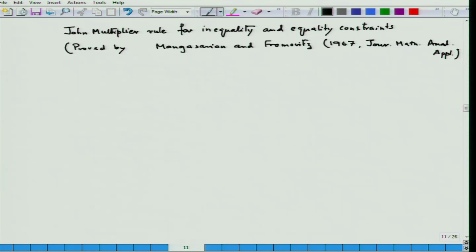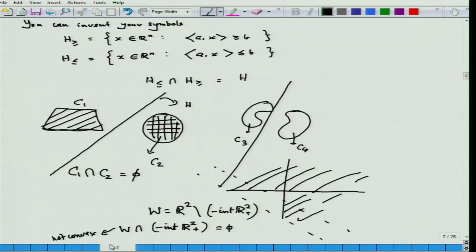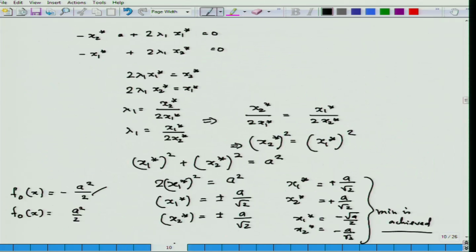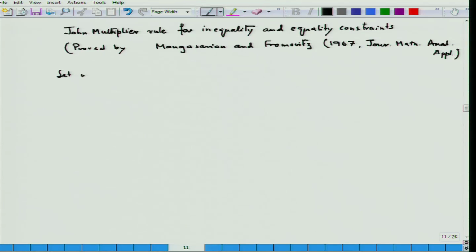And what he proved was the following. So, let us consider the problem MP, the one which we had earlier done, but with equality constraints. So, we are considering the problem MP.